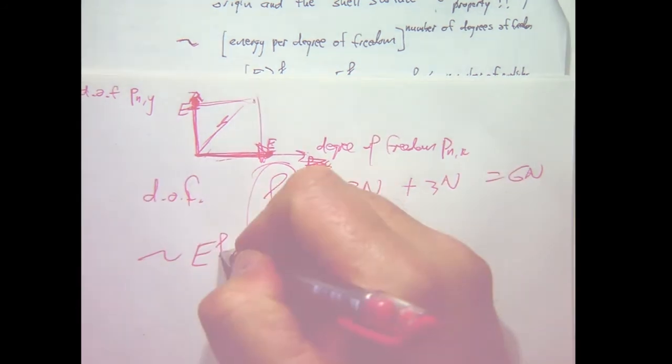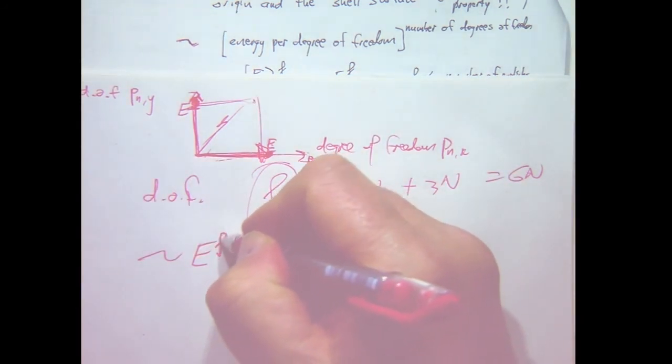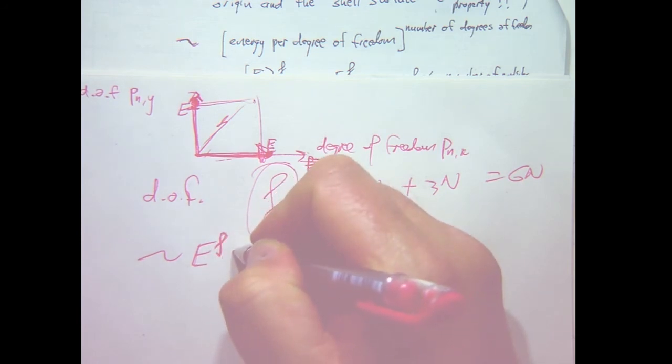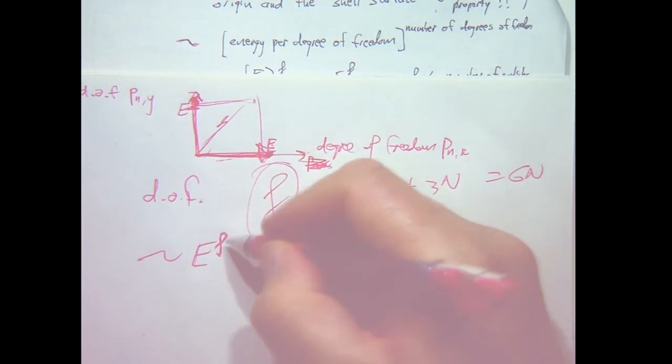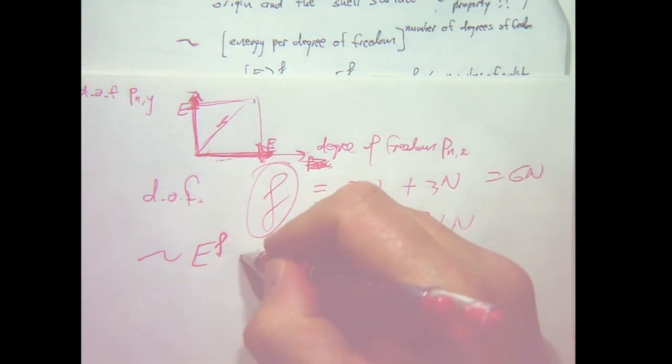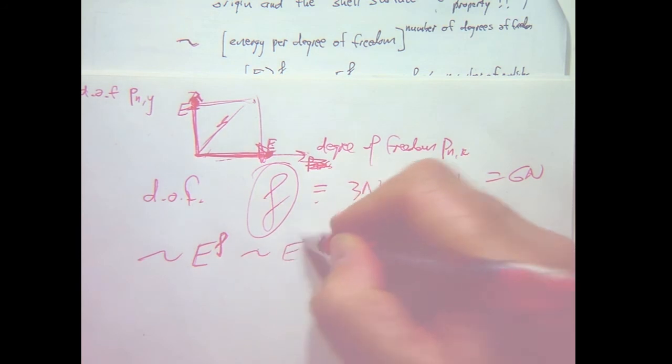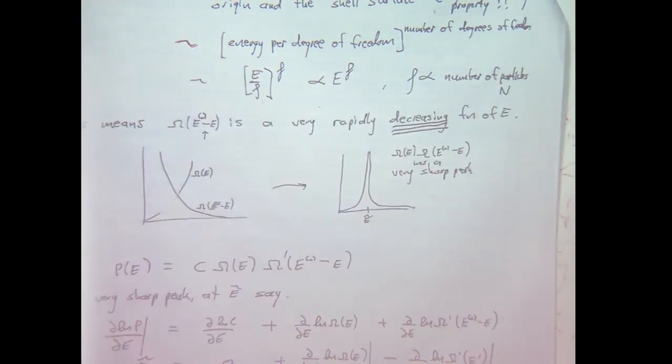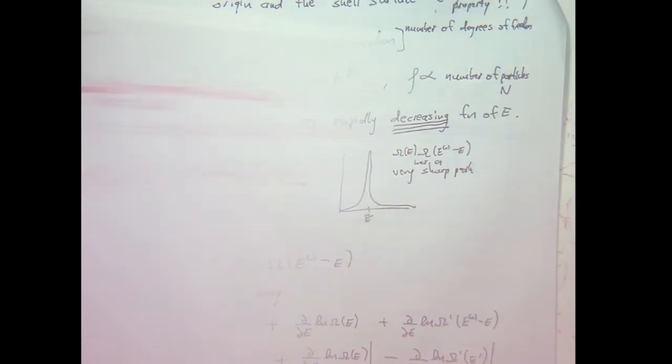But the thing is that F is proportional to n, the number of particles. So this is of the order of E to the n, or E to the 3n, or whatever.